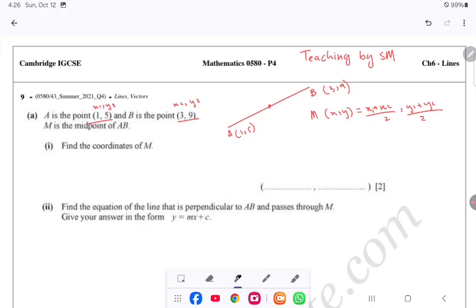Putting the values in the formula, x1 is 1, x2 is 3 over 2, y1 is 5, y2 is 9 over 2. So this is 4 over 2 and this is 14 over 2. 2 into 7 is 14. 2 into 2 is 4. So (2, 7) are the midpoint coordinates of M.